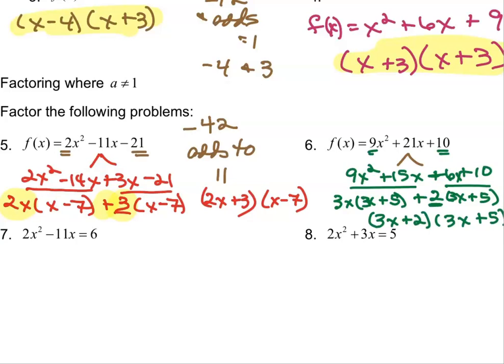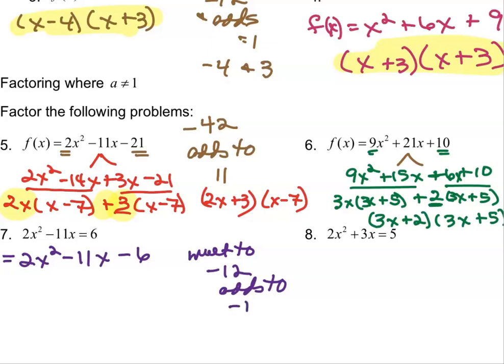Okay, that brings us down to the next problem, number 7. First thing you're going to do is rewrite that so that you are recognizing that it is indeed a quadratic situation. This is now your f of x. To factor that, you're going to say what multiplies to not negative 6, but negative 6 times 2, which is negative 12, and adds to negative 11.